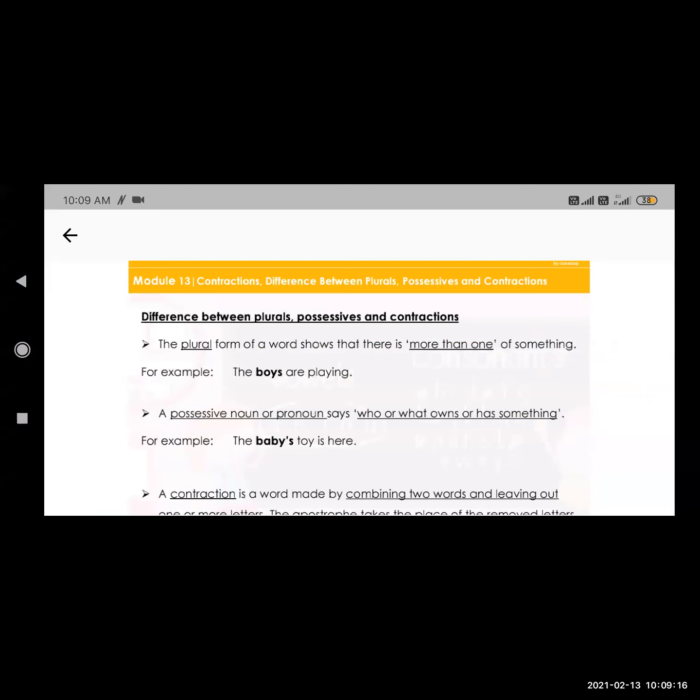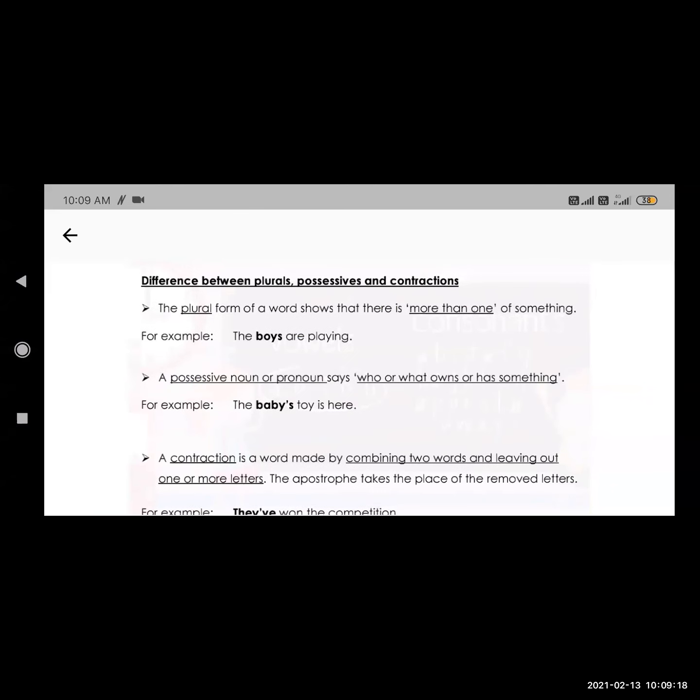Now the difference between plural, possessive and contraction. A possessive pronoun shows strong belongingness, and it does not involve any apostrophe sign. But a contraction is a shorter word that involves the apostrophe and removes some letters, like from is we remove i, and in I am we remove a. The plural form of words shows that there is more than one of something.